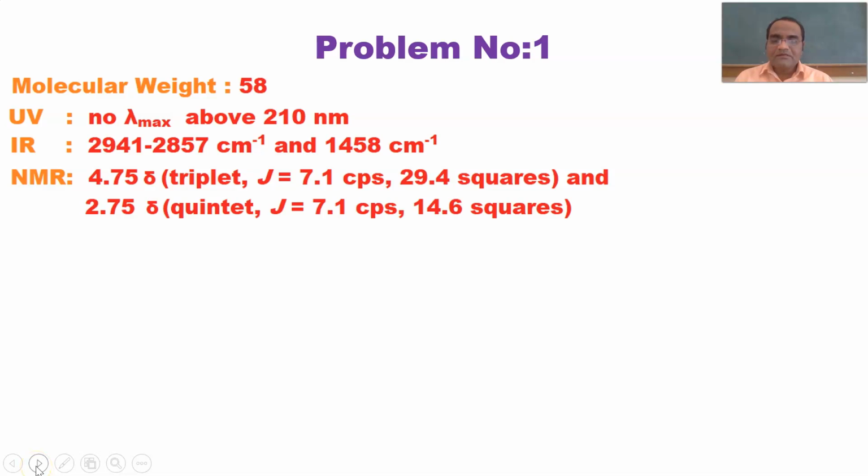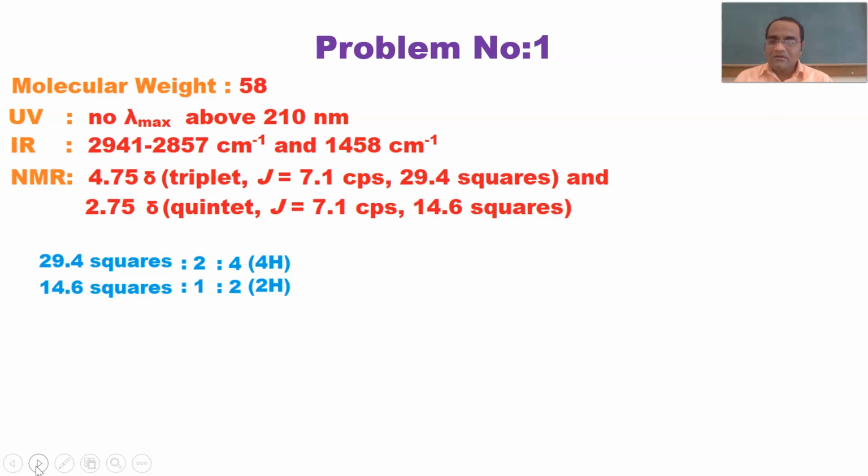Now we will first see the number of hydrogens from the squares. If we take the ratio, it is almost 2:1, an approximate ratio.